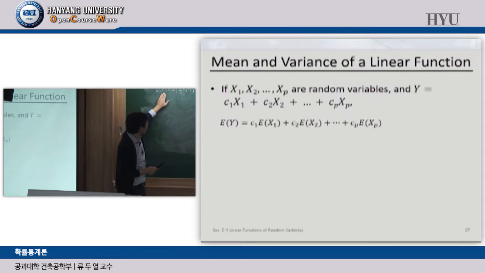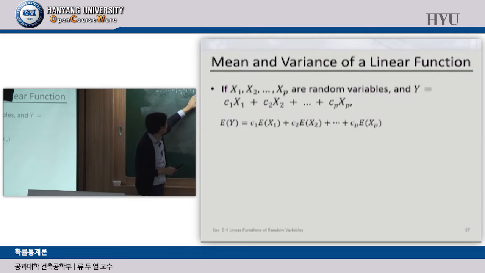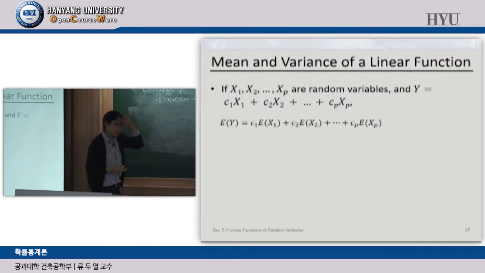Because y is equal to C1 x1 plus C2 x2 up to Cp xp, that is the summation of i from 1 to p of Ci Xi. So this is the same equation, and this can be written as E of C1 x1 plus C2 x2 plus up to Cp xp.